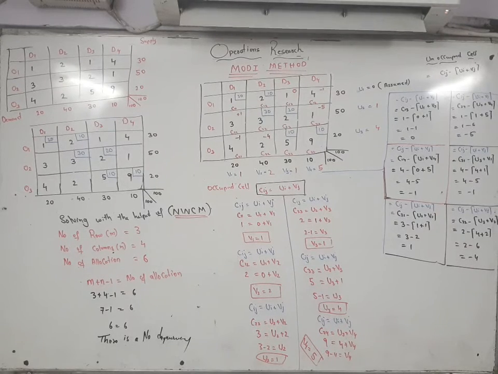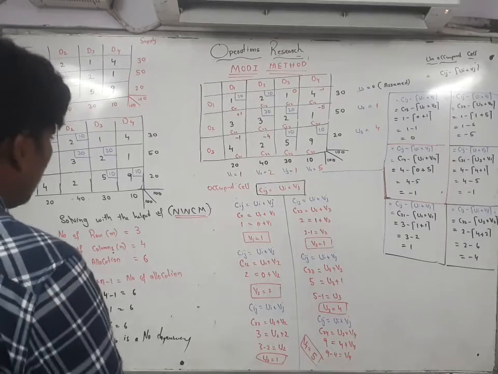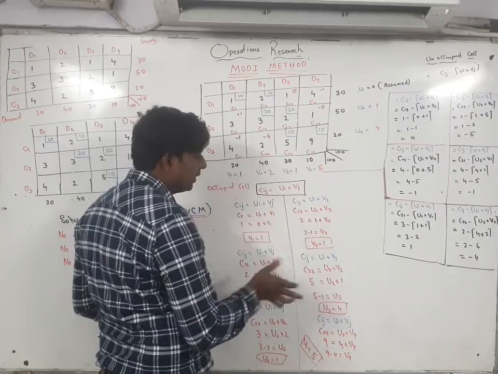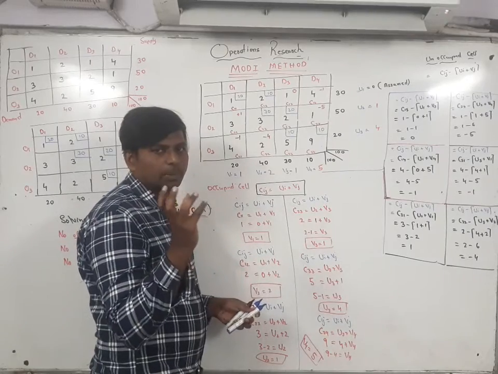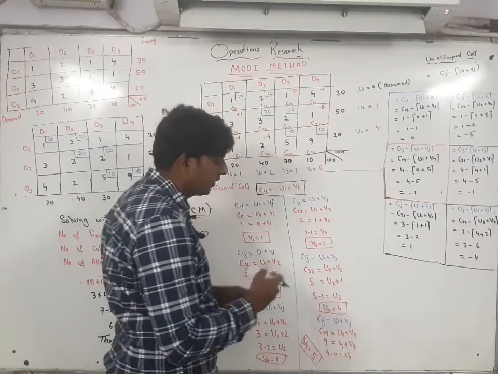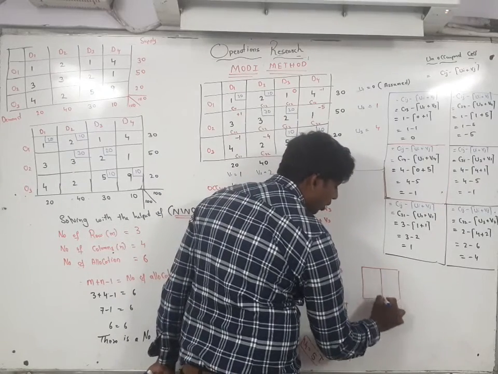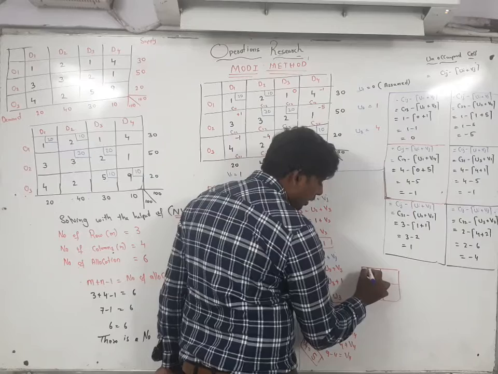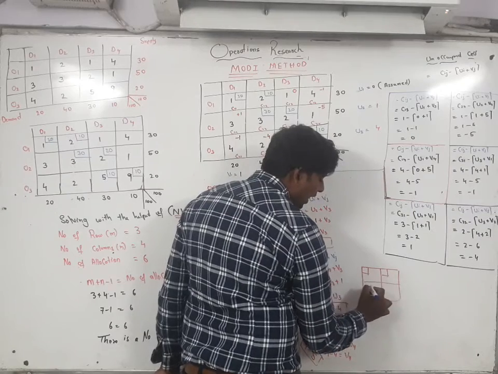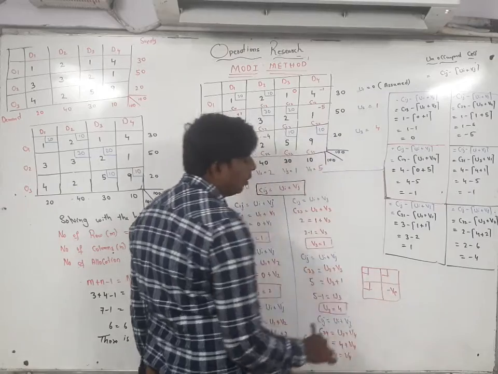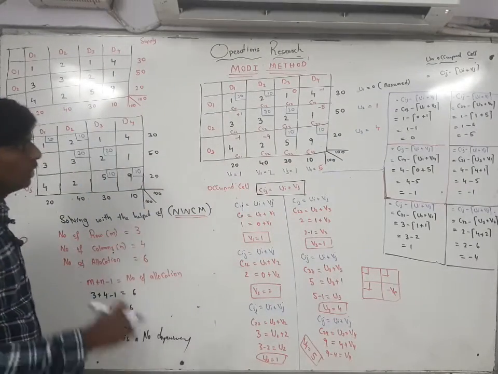So allocated and unallocated. For the allocated cell, this is the formula, Cij is equal to Ui plus Vj. After that you have to select a set of 4 cells. In the 4 cells, 3 are allocated and one is the negative value.